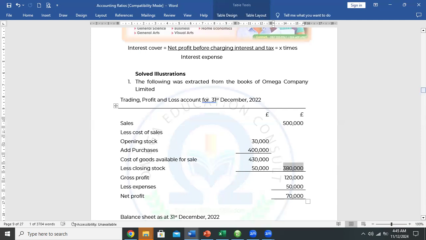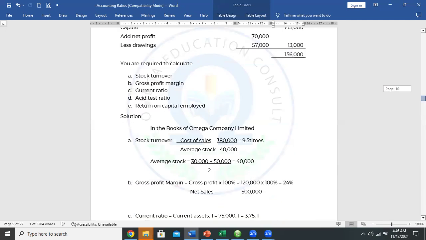So we pick that figure, put it there, and then divide by average stock, where we saw the average stock is your opening stock plus your closing stock divided by 2. So opening stock is 30, closing is 50. Added together, we get 80. You divide by 2, you get 40,000, right? So there you have it.